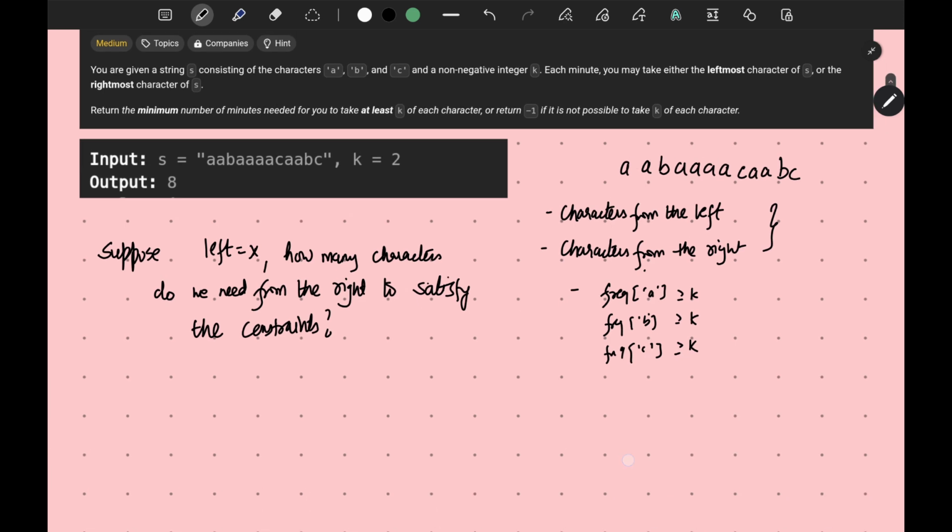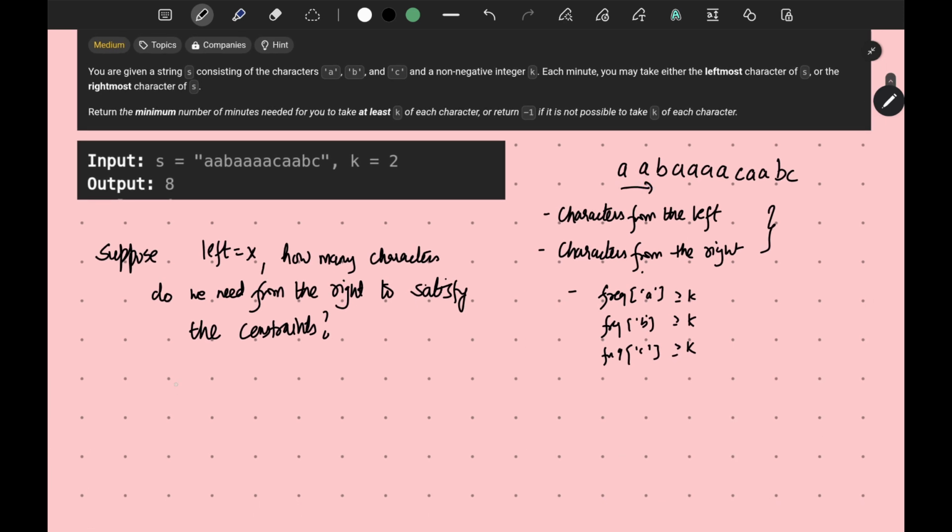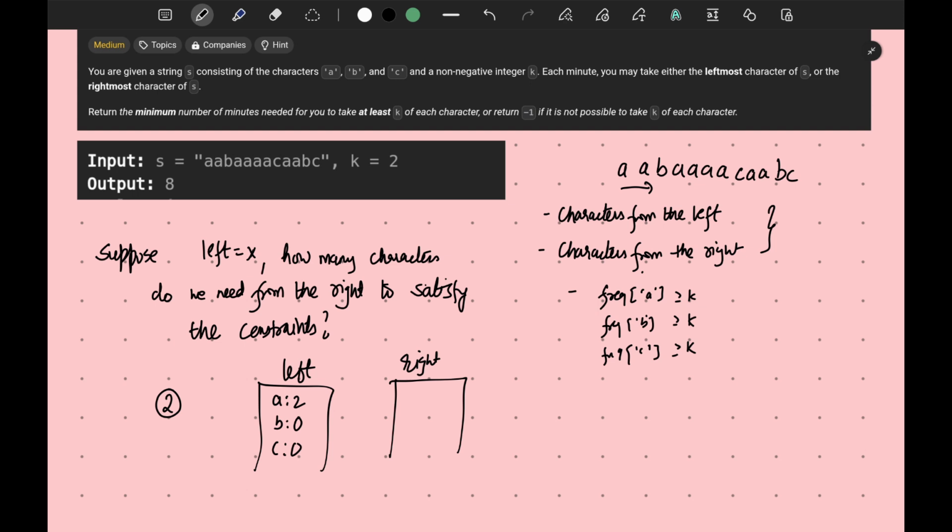For example, in this example, let's say from the left we are taking 2 characters. Let's call this left and let's call this right. So now we have number of A is 2, but we don't have any B, we don't have any C. Now how many characters do we need to take from the right to satisfy the constraint, that is we need to have at least k of each character?